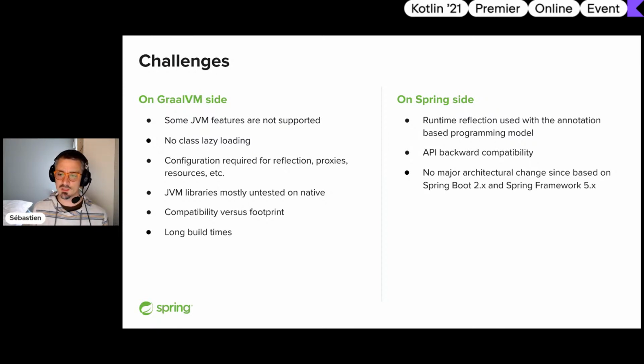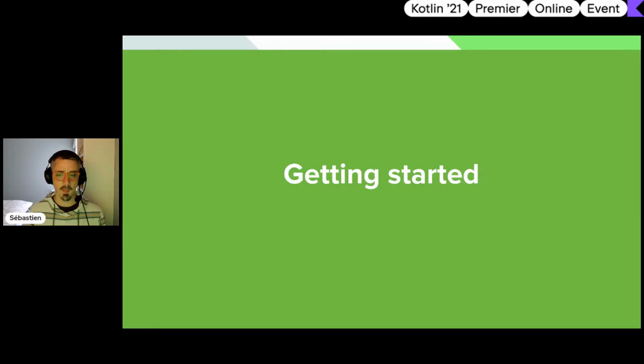API backward compatibility is also a challenge, because all the work that we have done is based on Spring Boot 2 and Spring Framework 5, and we don't want to break the compatibility. So basically, we had to do this Spring Native project without major architectural changes on Spring Boot and Spring Framework, and without breaking APIs. So that's a kind of challenge.